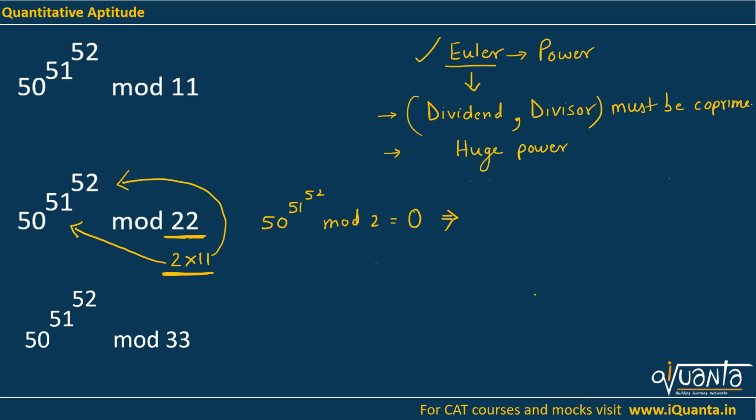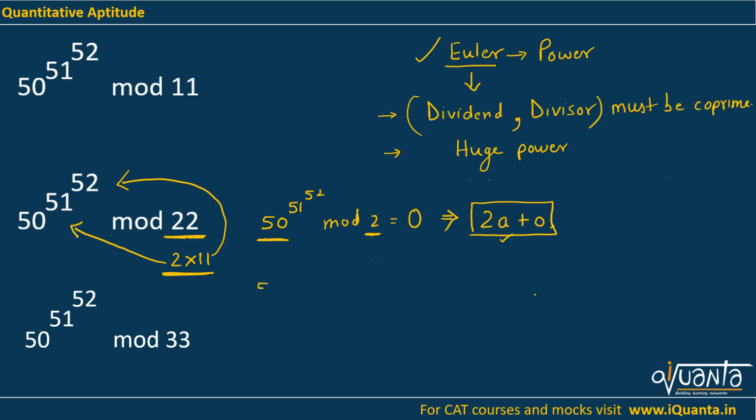Now how to use this 0? Since we divided here by 2 and the remainder is coming 0, we can write this 50 to the power 51 to the power 52 in form of 2a plus 0, where a is any number. In fact, a should be a positive integer over here. So this is the first equation that we get on dividing the dividend by 2.